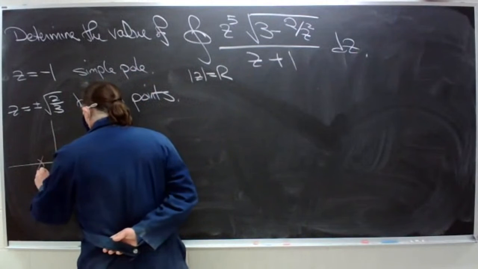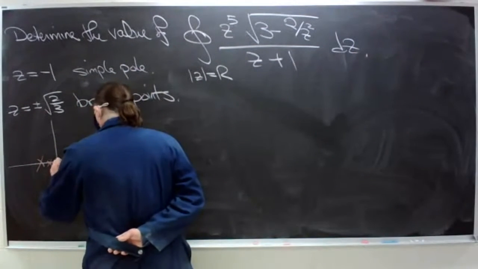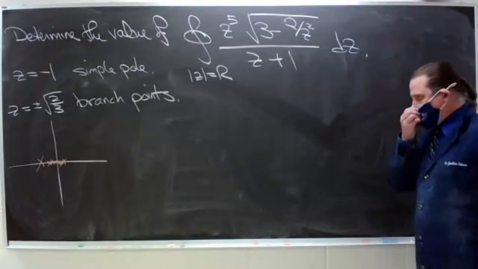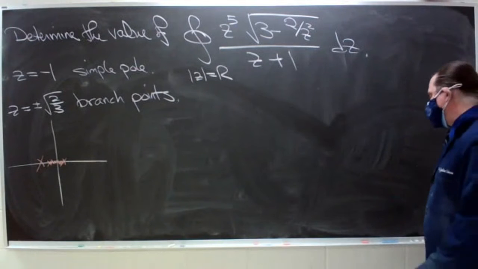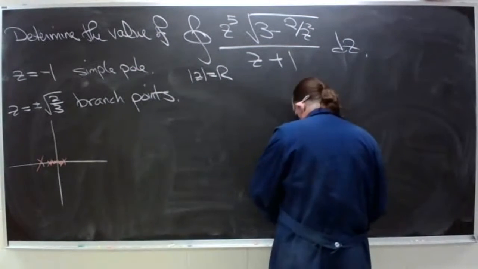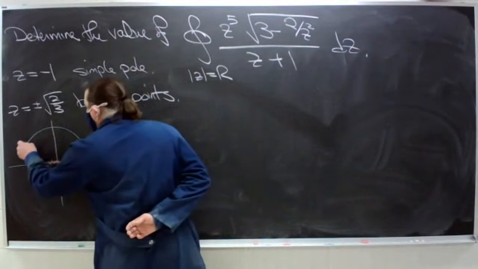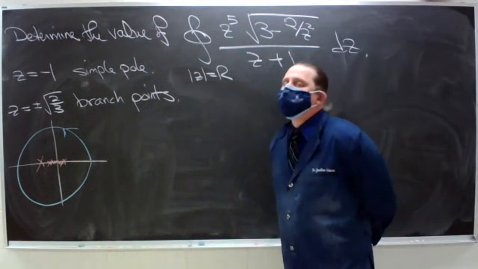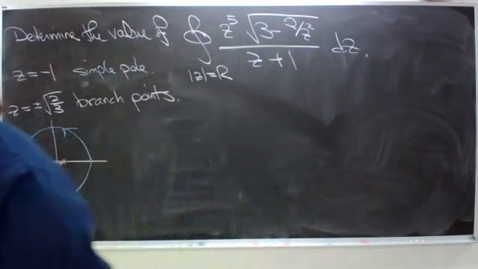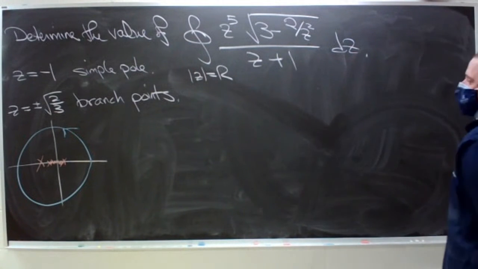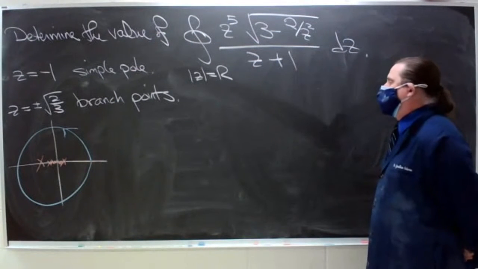So my problem structure looks like that, and I'm integrating around this contour here. So I could go ahead and just get the Laurent series that converges when modulus z is greater than 1.